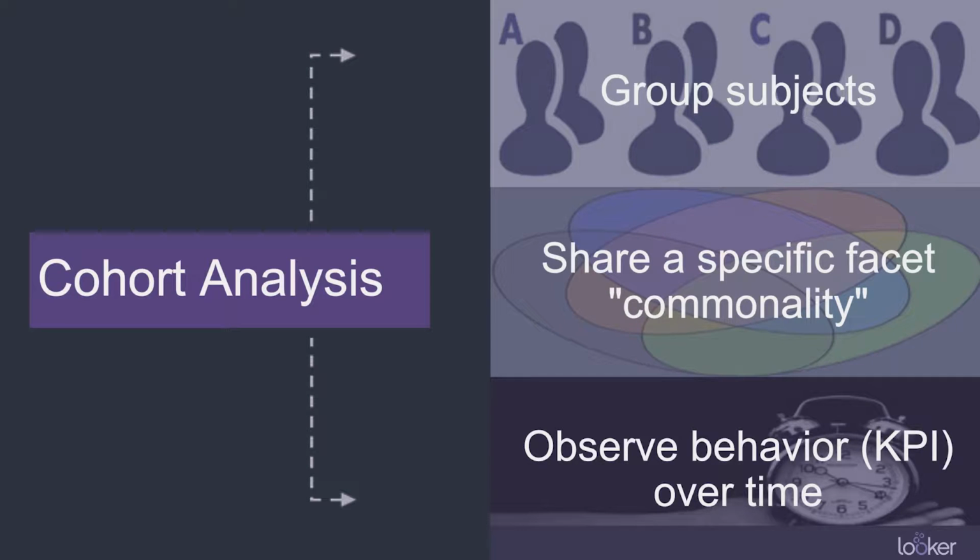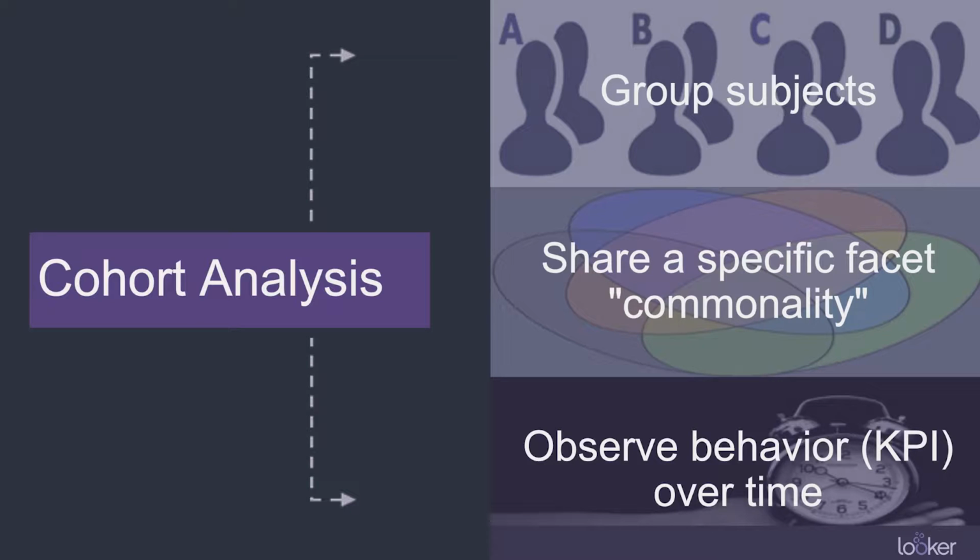The key thing is that when you're doing your cohort analysis, the subjects stay within their particular group throughout the course of the analysis. So if they share a certain commonality, they don't change groups over time. That group stays the same. And then finally, you observe their behavior over time.